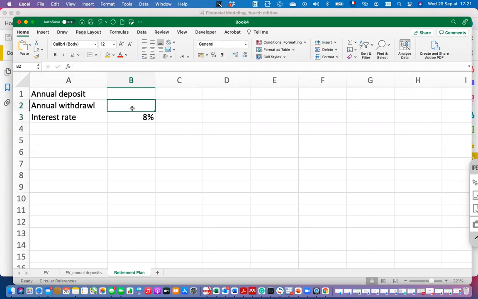I know my goal is to withdraw $30,000 annually once I retire, but I don't know how much I should deposit during my professional career.